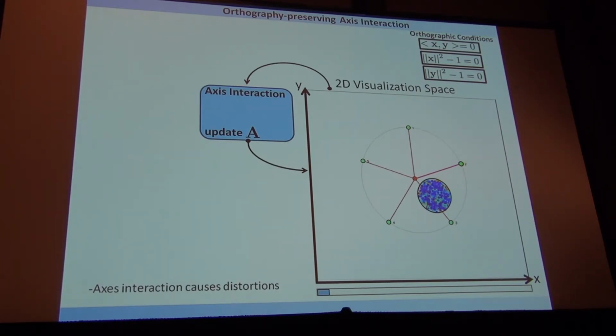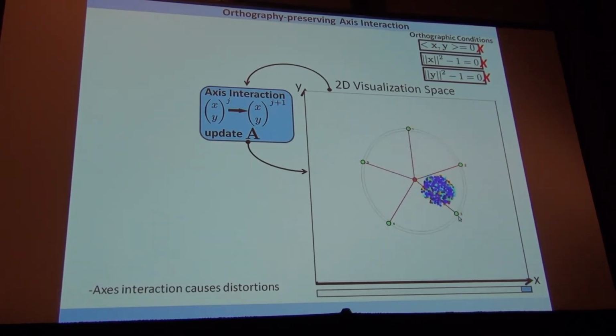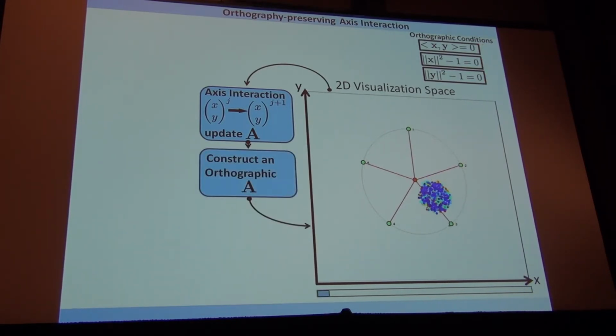An interaction means here to move an axis in the visualization space and to update the matrix A. As we can see here, this kind of interaction isn't orthography preserving, wherefore the shape of the circle deforms during the interaction. Therefore we can include an additional orthography construction step in order to maintain the orthography during the interaction.